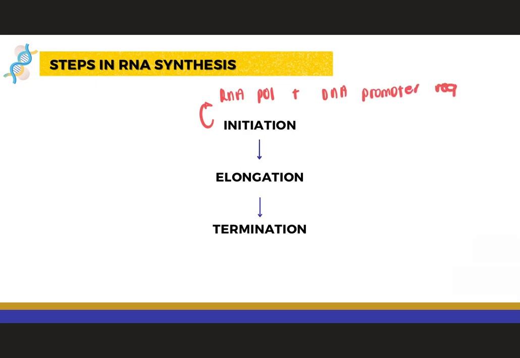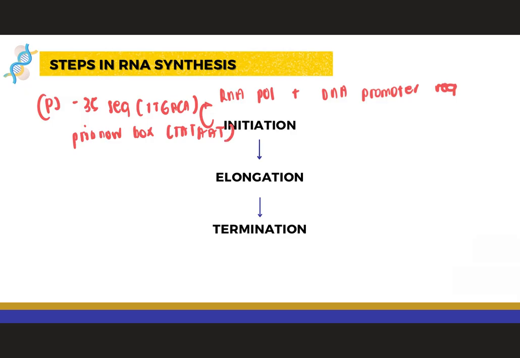So in prokaryotes, we have the minus 35 sequence, your TTGACA, and your Pribnow box about 10 BP.